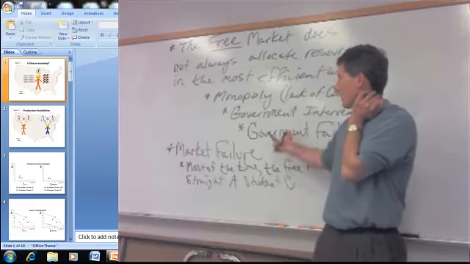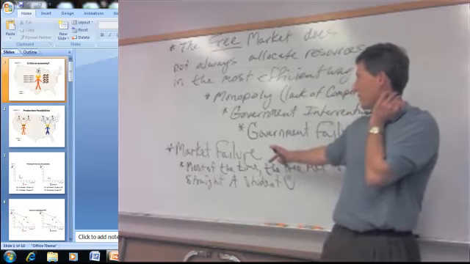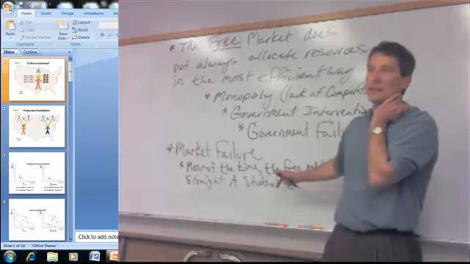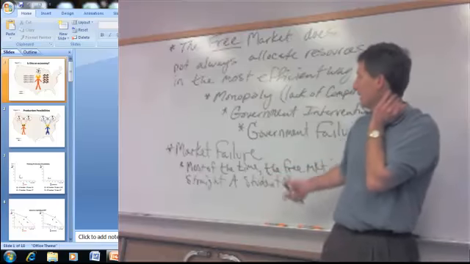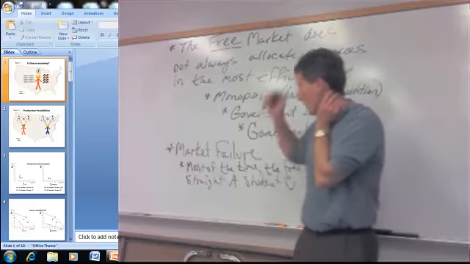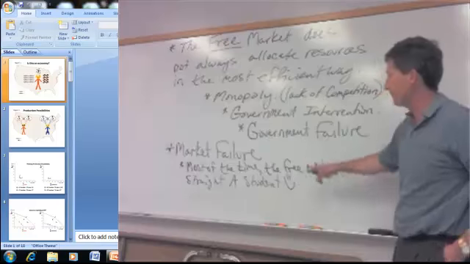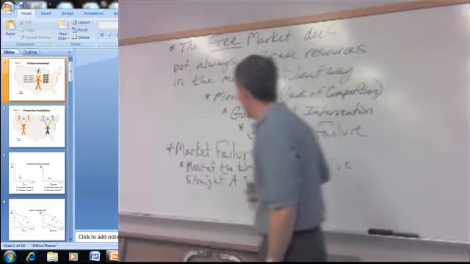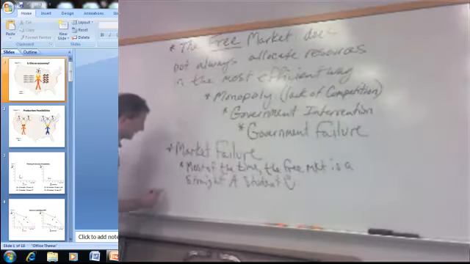So there are circumstances where the market doesn't perform as well as it should and might need some corrections of some sort. And one of those situations that this next chapter looks at is an externality.